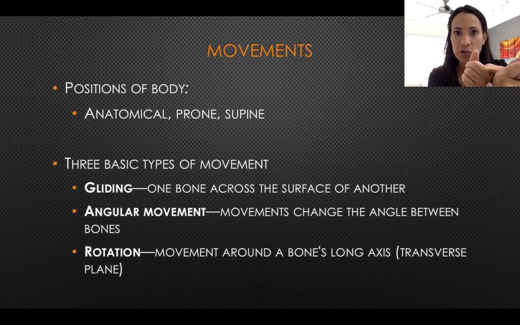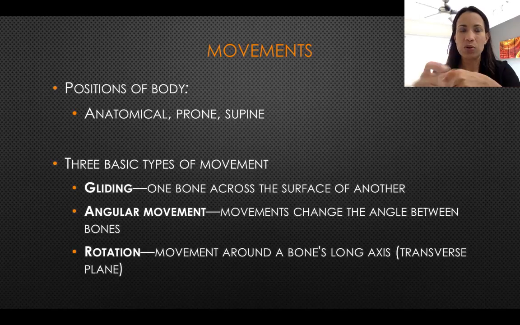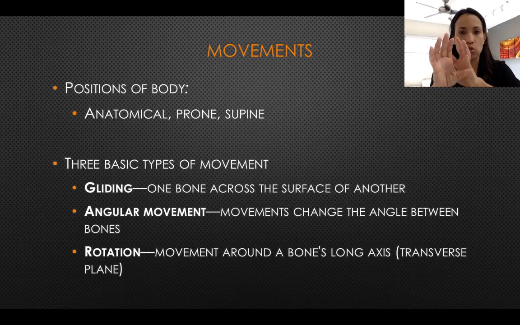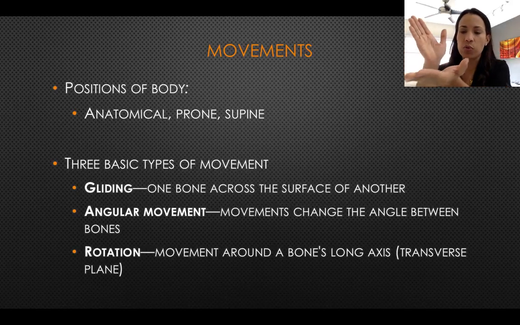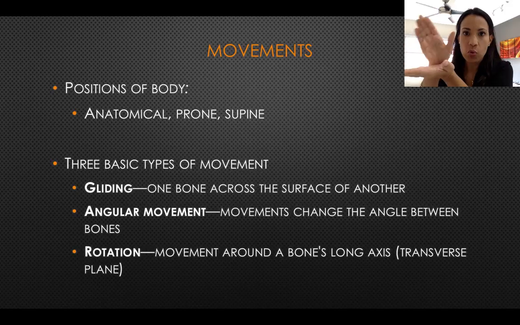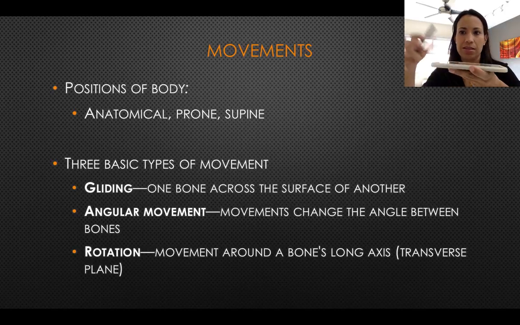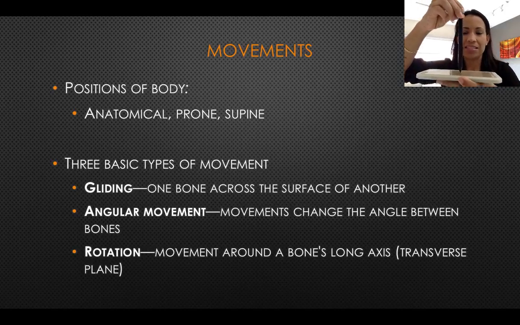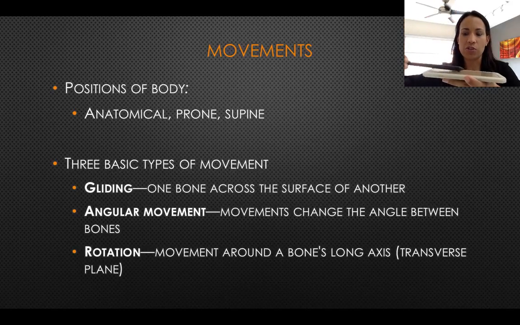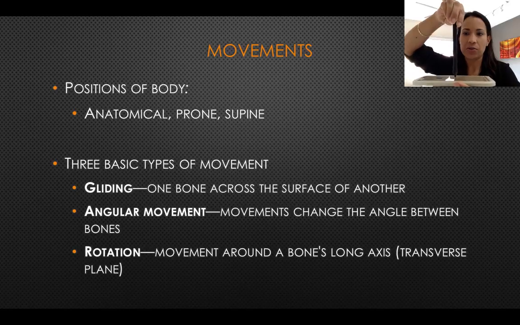One is the angular movement, meaning that what we're going to do there is change an angle between two body parts. So we are going to either reduce or increase the angle. This is the angular movement, when you are decreasing or increasing the angle.